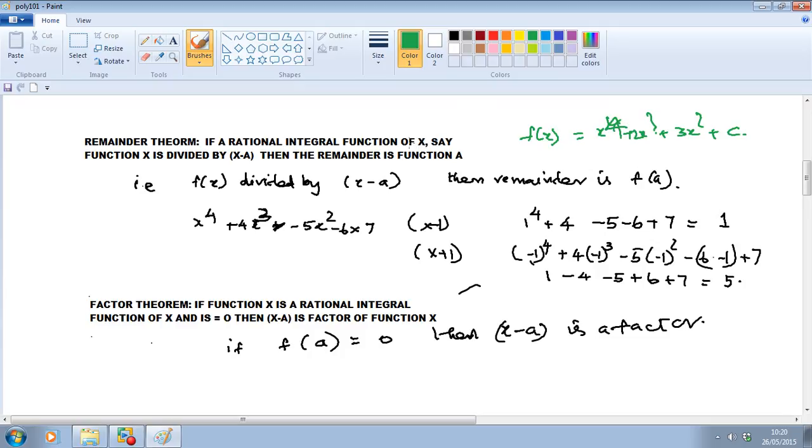If a rational integral function of x, say f of x, is divided by x minus a, where x is a variable and a is a constant, if you divide this, you get some function. The remainder is f of a.